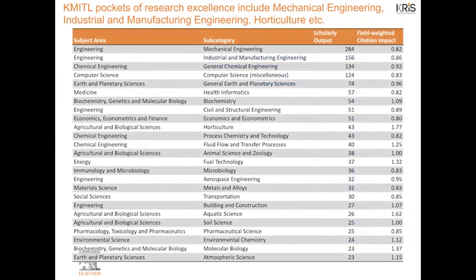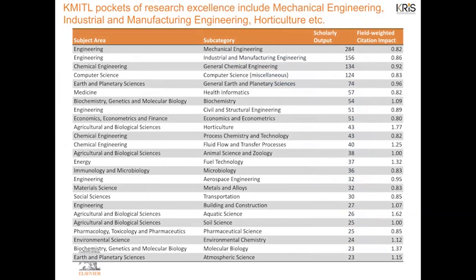If we look at a discipline level, so the subject areas are 27 subject areas, and within the subject areas, we have 330 disciplines. And there are a number of disciplines in which KMITL shows a lot of output, and in some of them, the impact is very high.